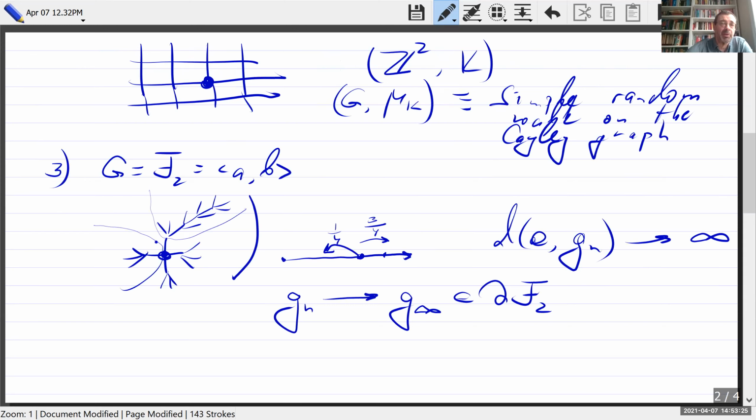They satisfy the mean value property. Indeed, if we are starting from the identity of the group, then in order to reach infinity, first we have to do the first step. And then we can present our point at infinity in the following way.